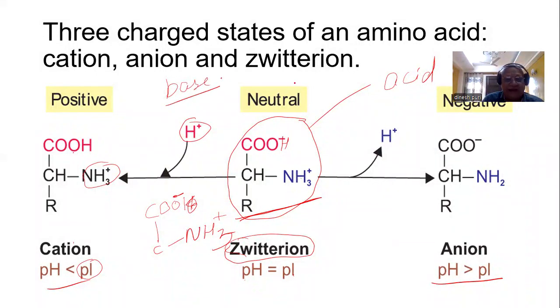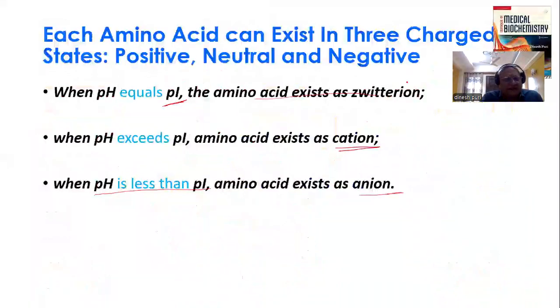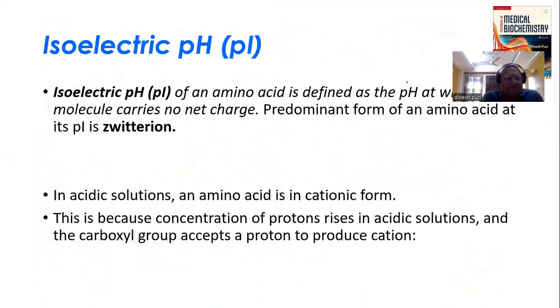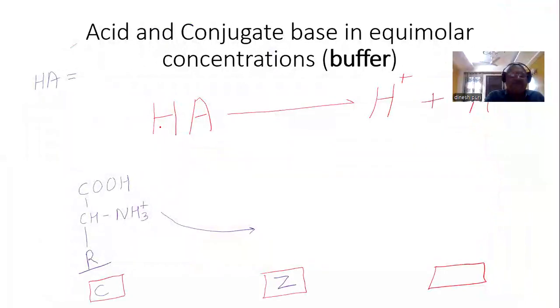So it has amphoteric nature, capable of acting both as an acid and a base. We study these acid-base properties in greater detail than the other properties because of certain reasons, buffers. So this is what I have said already: the predominant form of an amino acid at its isoelectric pH is the zwitter ion.